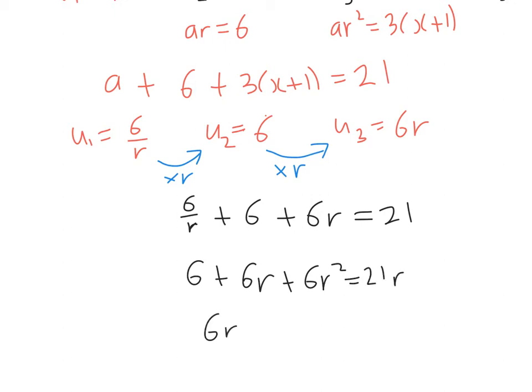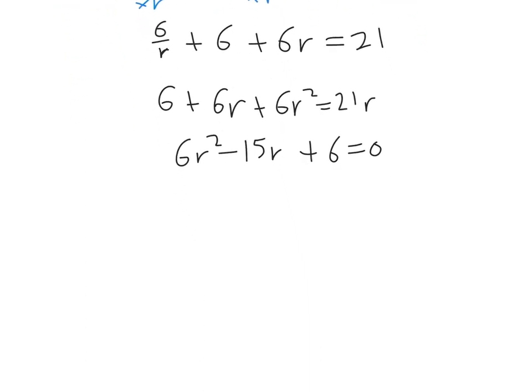Bring everything to the left hand side, so you'd end up with 6r squared minus 15r plus 6 equals 0. I would then divide by 3 to get 2r squared minus 5r plus 2 equals 0.